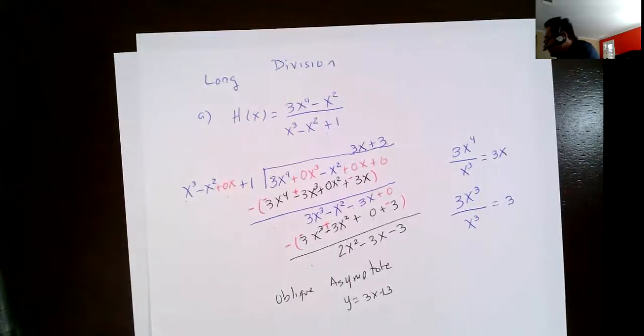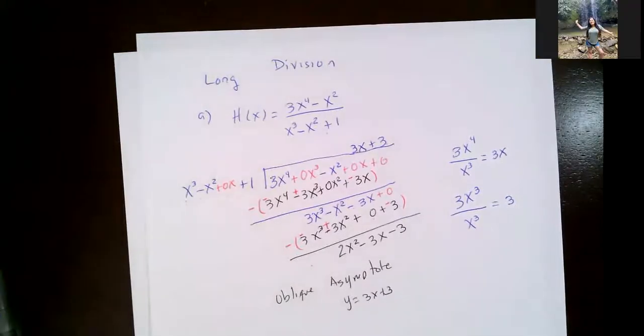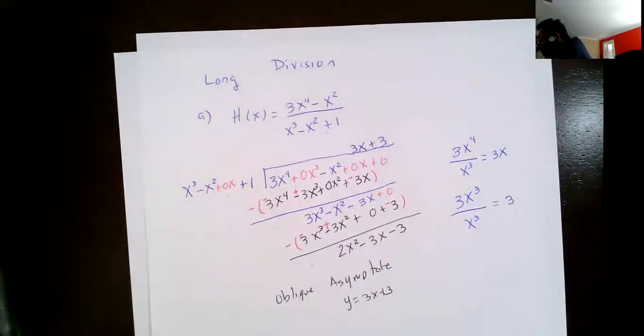Ready, you guys? When do we use this? Well, remember that to graph, we're going to be doing one exercise on Wednesday, and to graph the oblique asymptote, that's how we're going to be using it.